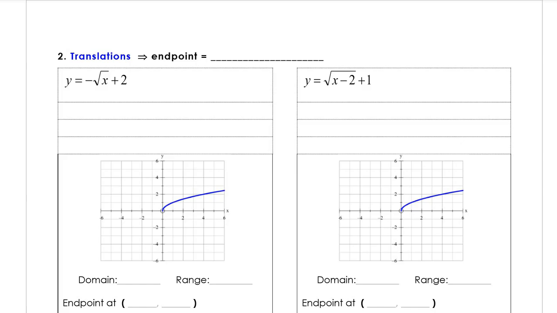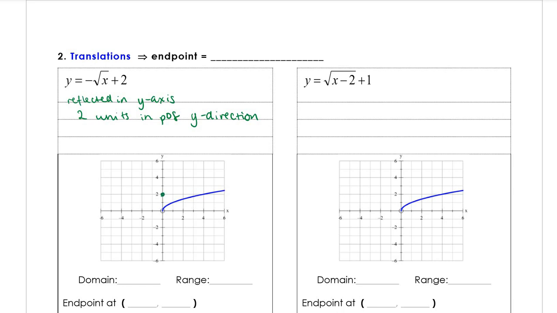Now, when it comes to translation, that's when things change a little bit. So this one here, you can see it's been reflected in the y-axis, but it's also been moved 2 units in the positive y direction, remembering that we follow the order of DRT in this case. So we're reflecting it in the y-axis, but we're going to be moving all our units up 2.